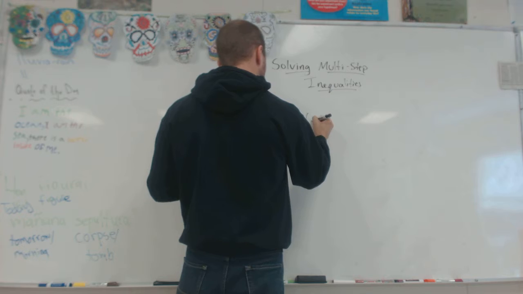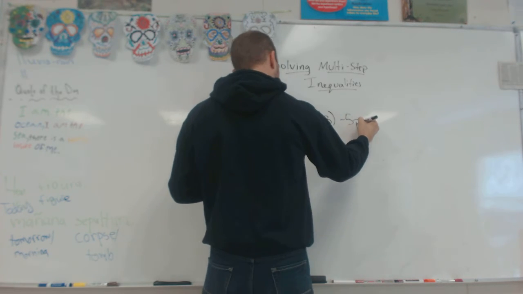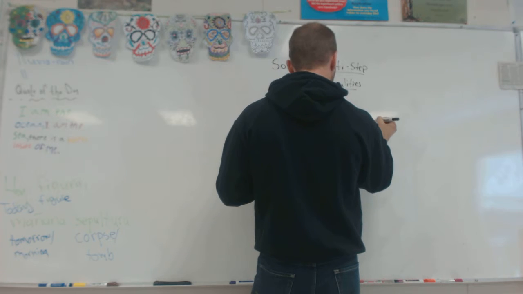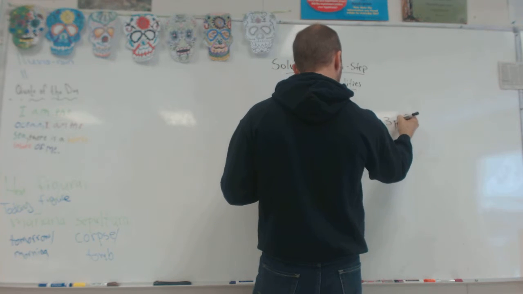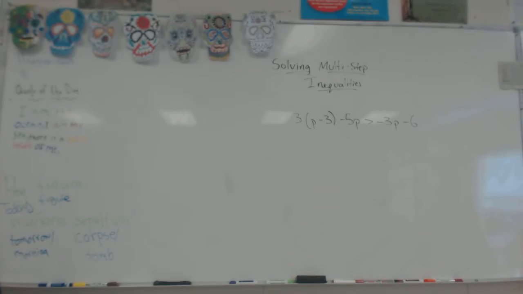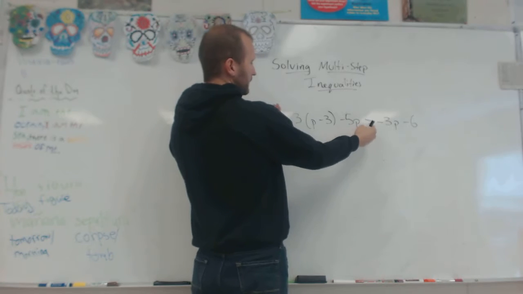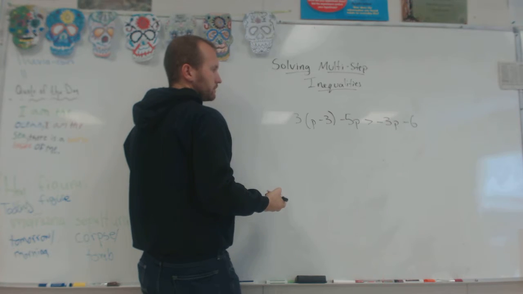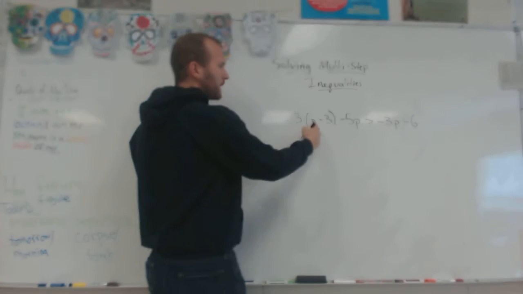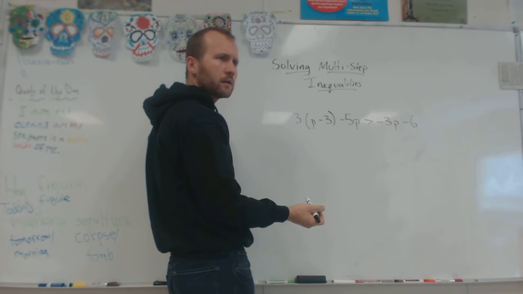3 times p minus 3, minus 5p, is greater than negative 3p minus 6. All right, let's take a look at this side of the inequality. How can I simplify that? Can I combine my p and my negative 5p? Why not? They're both p's.